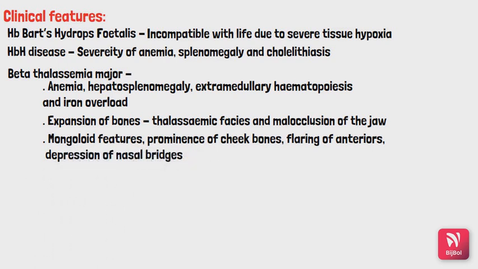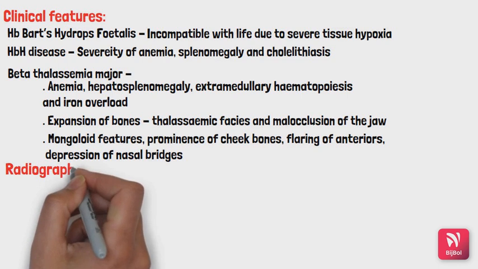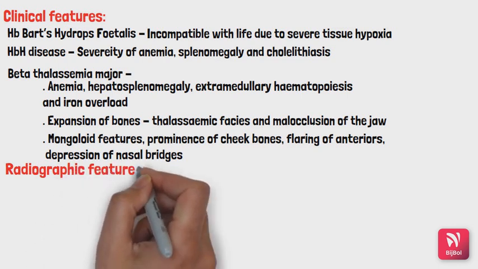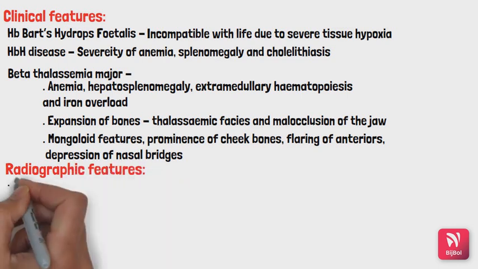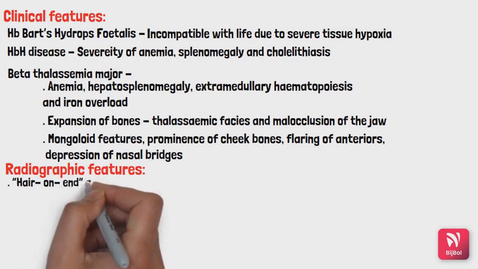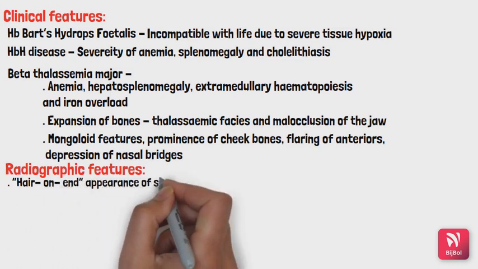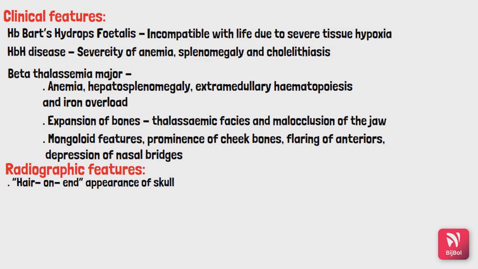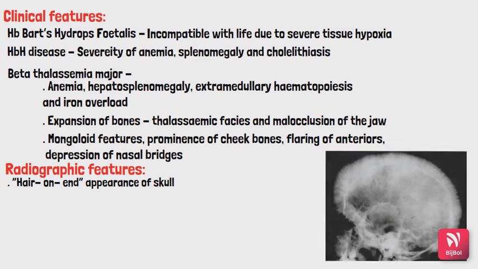As there are changes within the bones, we can even see the radiographic features. Here the characteristic radiographic feature that is seen in thalassemia is hair on end appearance of the skull. If you take a lateral skull radiograph, you can see in this picture that the inner and outer cortical plates of the skull are very poorly defined.